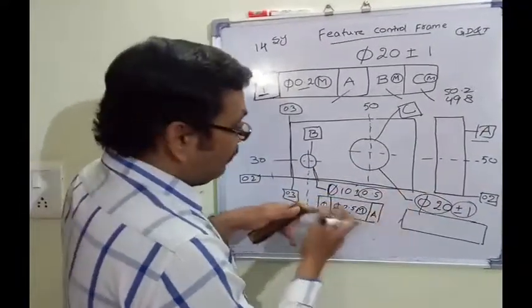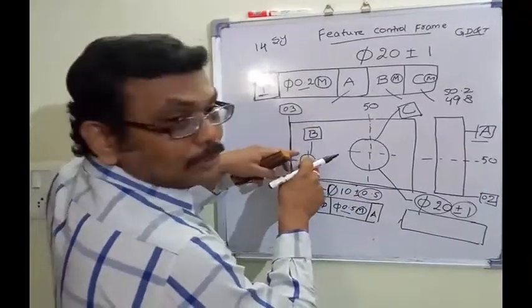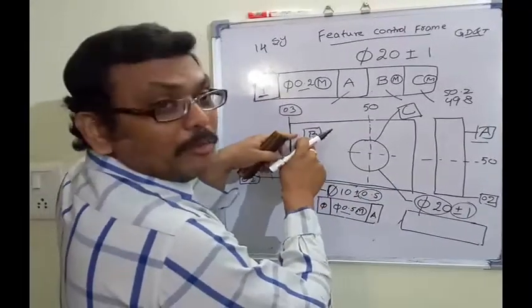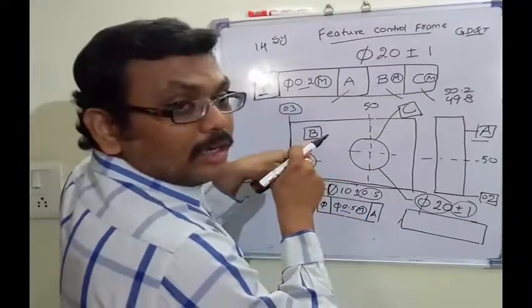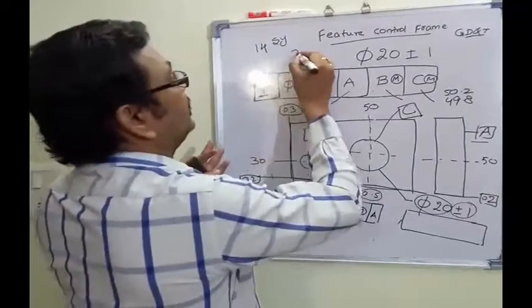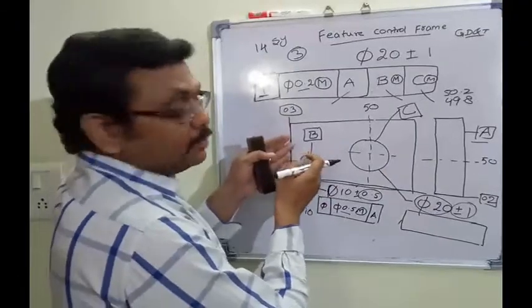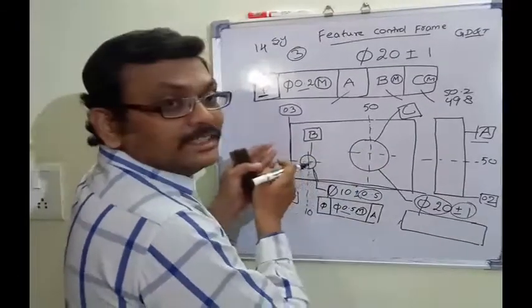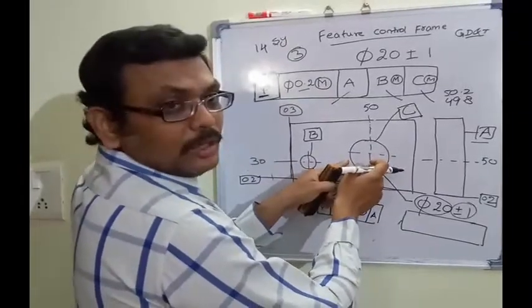It's already done while making this hole, and now I am going to fix this hole with respect to datum B, right? And one more direction is arrested. Actually, we have to arrest in 3 directions. Now one is arrested, second is arrested. Based on the first and second, we are going to drill this hole or punch this hole.